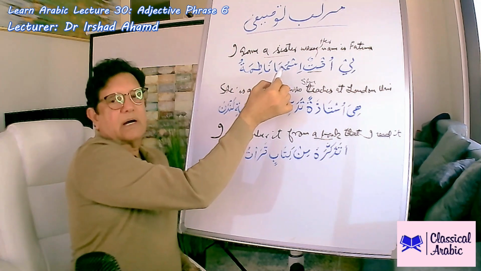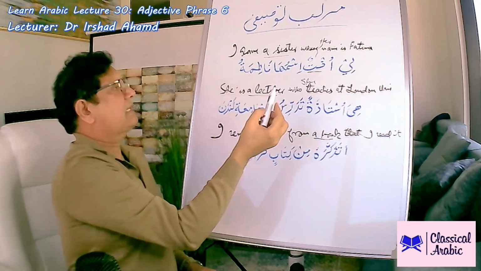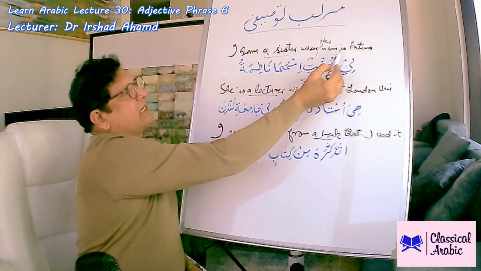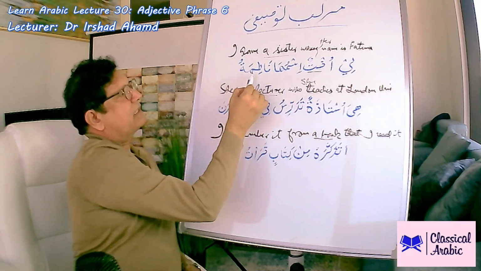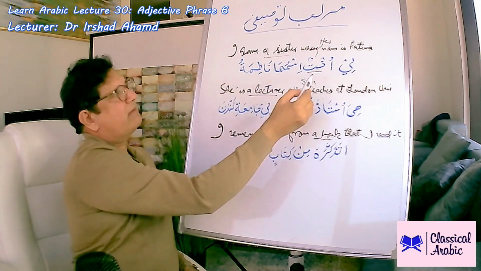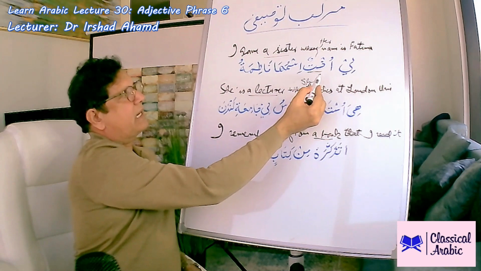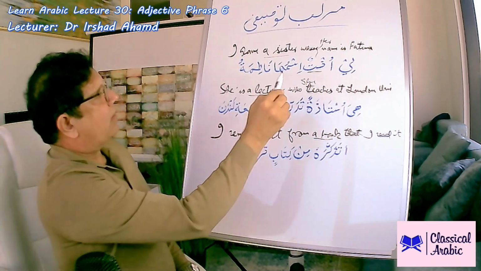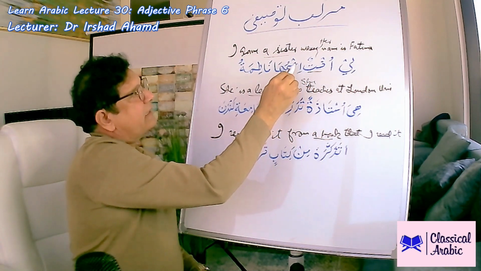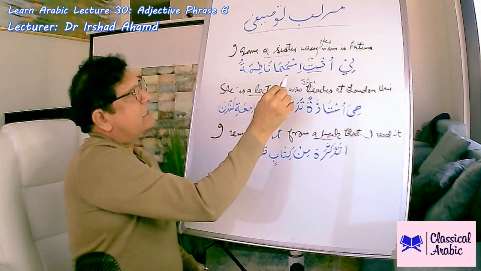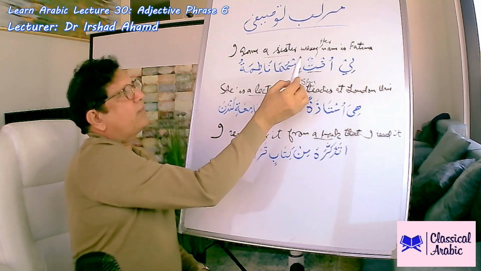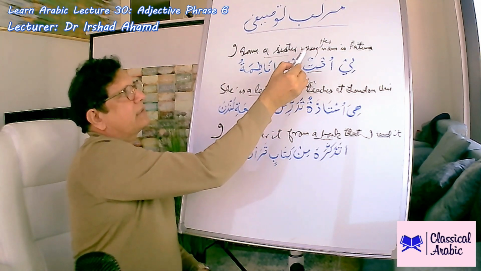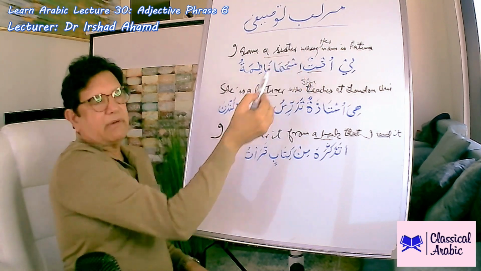The second half of the sentence will have to be a complete sentence. If we say name is Fatima, ismu Fatima, that will not make any sentence in Arabic. Now, ukhtun, and then there is a complete sentence here, but there's no connecting word in Arabic like those we have in English.